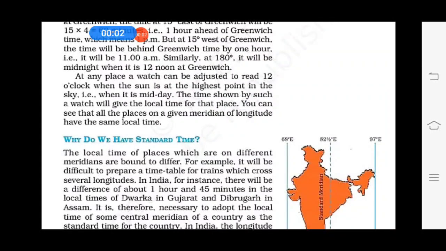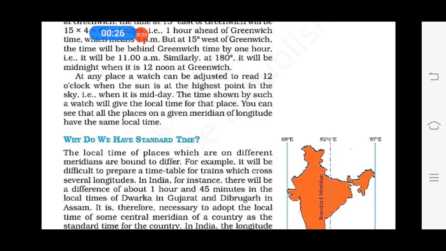Similarly, on the 15 degree west meridian, it will be 1 hour behind, that is 11 a.m. And on 30 degrees west, it will be 2 hours behind, that is 10 a.m., and so on. It will go like this.